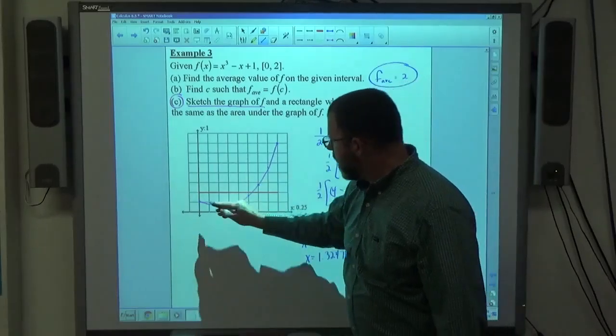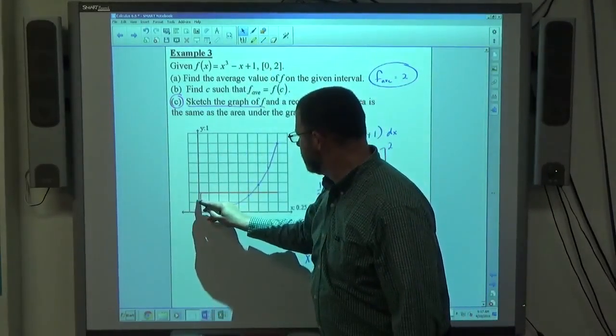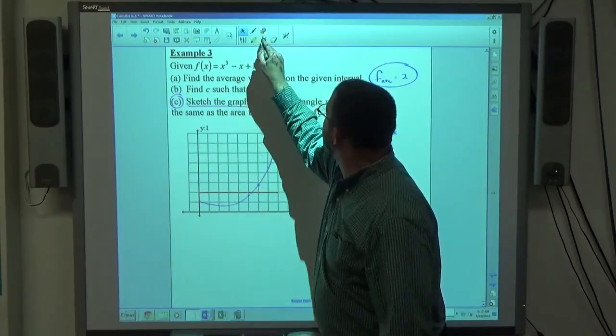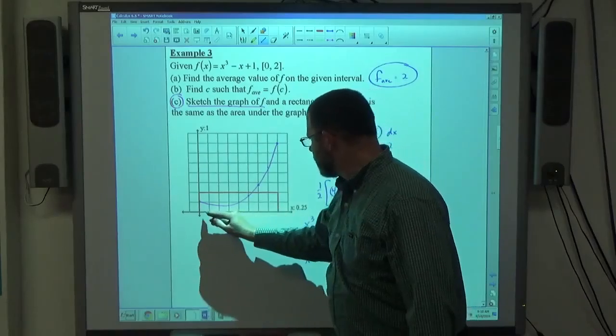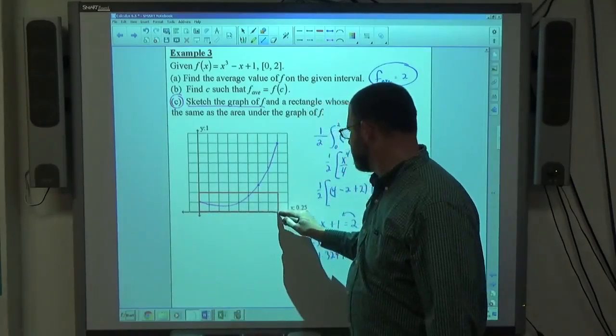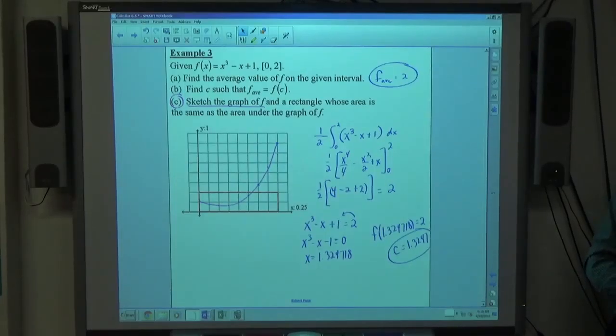And then I draw a line straight down from the left end, and a line straight down from the right end, and a line straight across the bottom. That rectangle has the same area as the area under the purple curve.